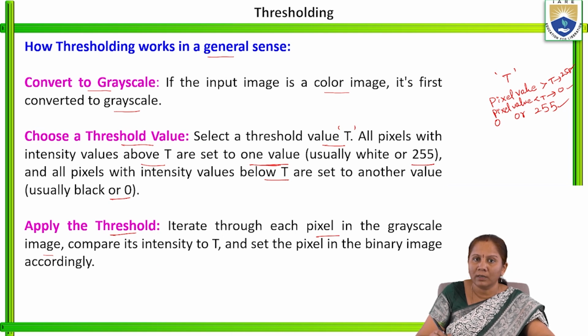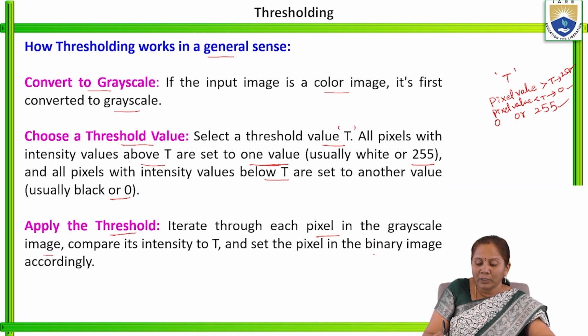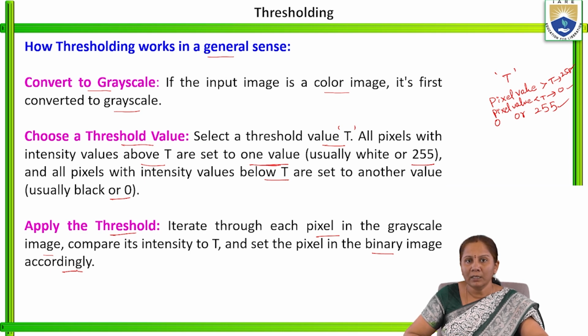Consider one seed point, compare it with the neighborhood pixels and check against the threshold value. If the difference is above T or below T, we take the decision, and in the binary image we set the pixel accordingly.